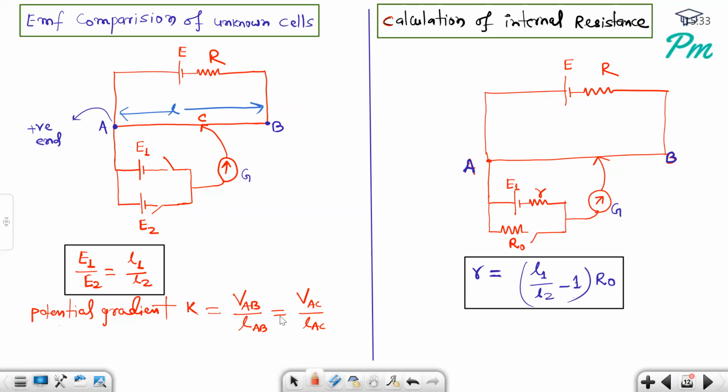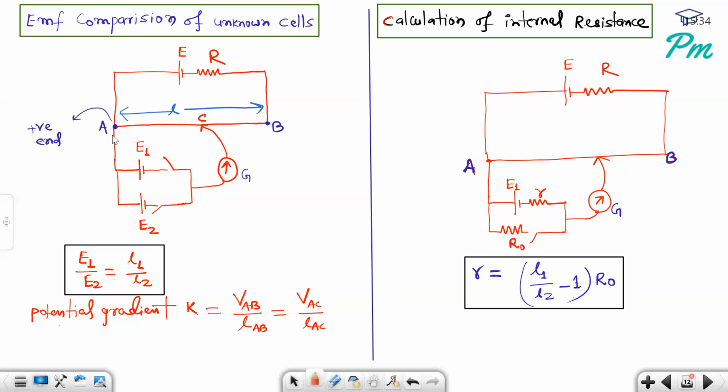Now this can also be written as VAC over LAC. If you take length AB, then you have to find the potential drop across AB and divide by that length of potentiometer wire.